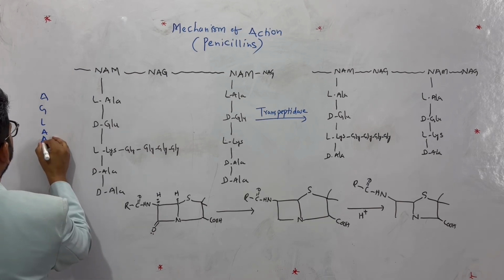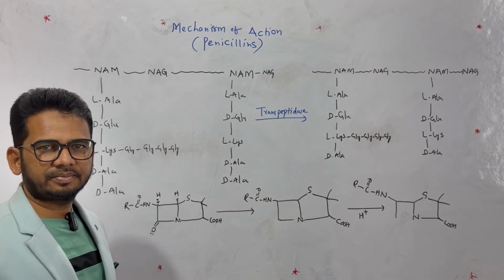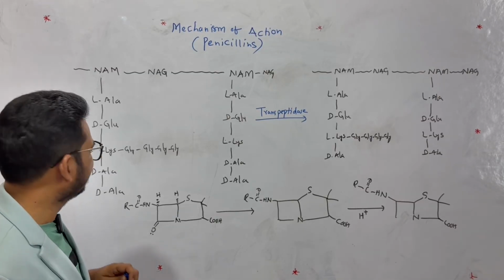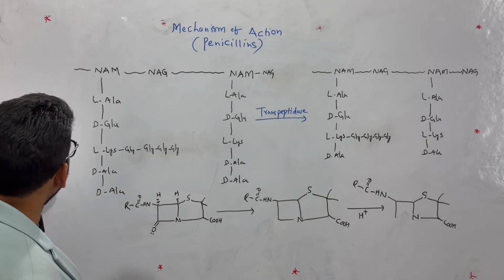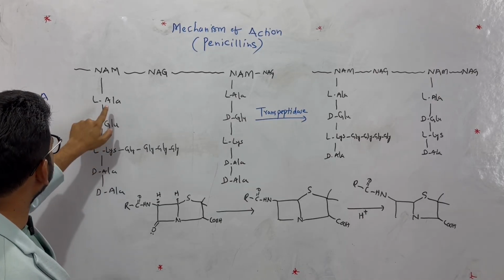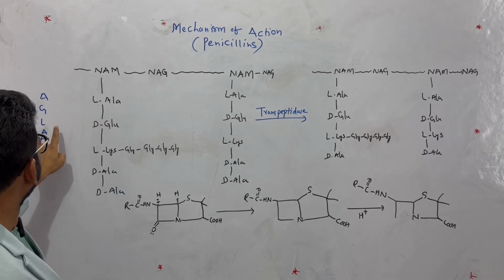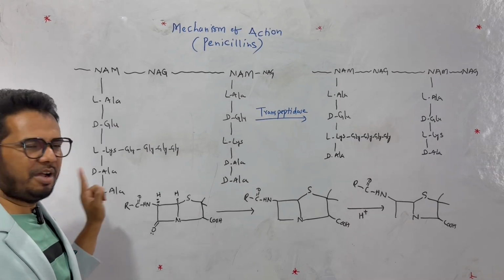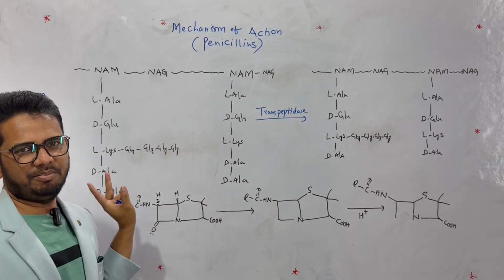AGLA is a Hindi word meaning front. So you can remember it in the short way: A-G-L-A-A, that is alanine, glutamine, lysine, alanine, alanine. This is the combination, easy to write in the exam.